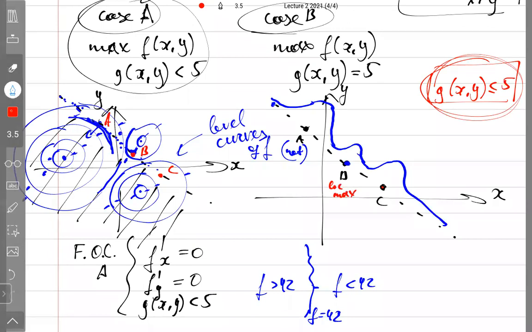And what about C? If I'm at the point C, can I increase the value of f without breaking the inequality constraint? Yes.